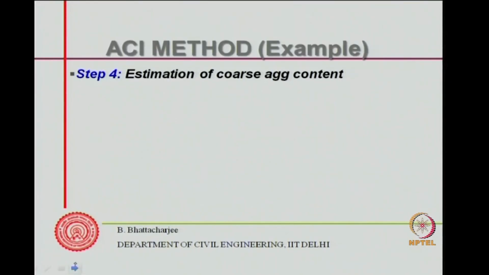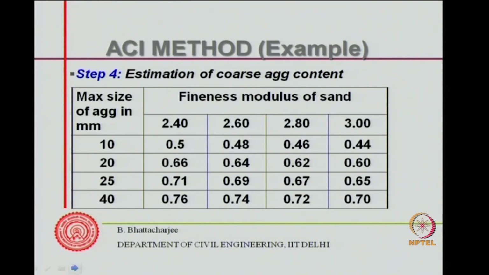The next step is estimation of coarse aggregate content, from this particular table. We had 20 mm maximum size of aggregate, and fineness modulus is 2.40.